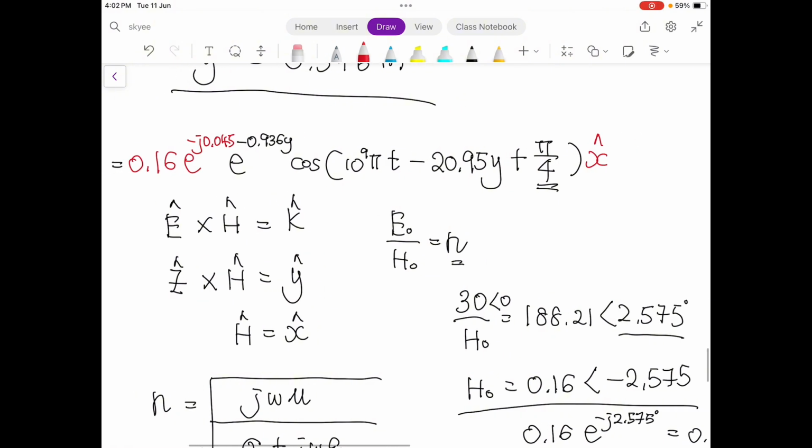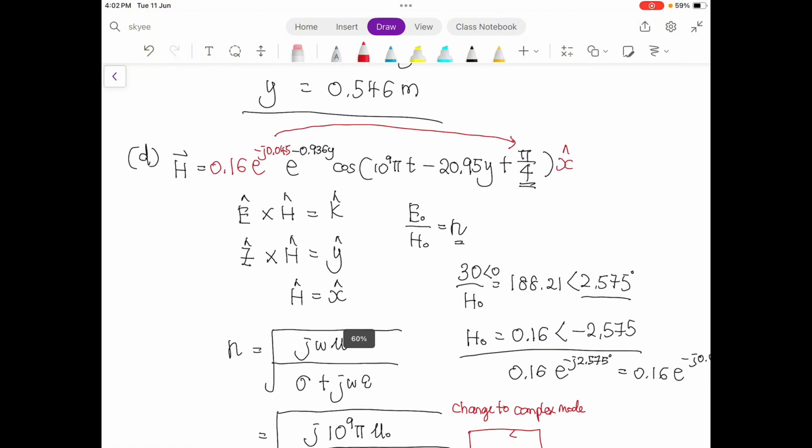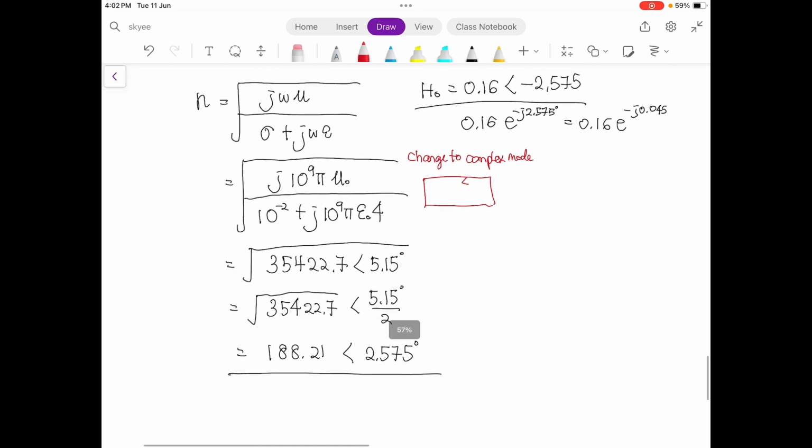Okay, so this 0.045 you can bring it inside. So it is a negative 0.045 plus pi over 4.